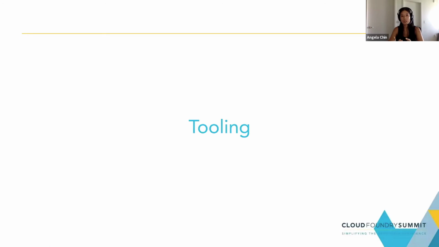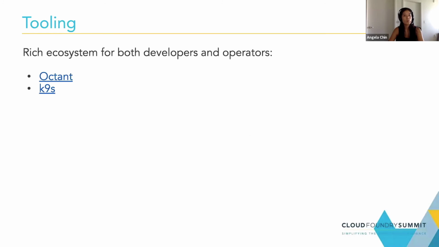In addition to extensibility, we can also see that using custom resources as the mechanism for understanding what's happening in Cloud Foundry for K8s also exposes a lot of benefits with Kubernetes tooling. The Kubernetes community has done a lot of work in creating some great tools for both developers and operators to understand what's going on in a Kubernetes cluster.